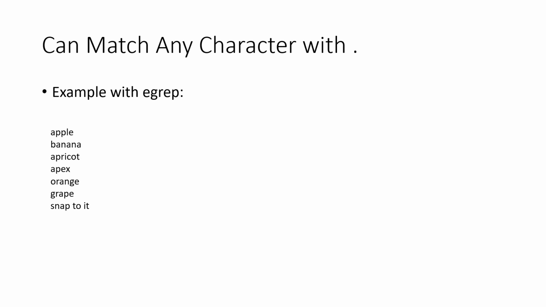The dot allows you to match any single character. Let's look at an example with egrep. Let's say I have this file, and on different lines I have apple, banana, apricot, apex, orange, grape, and the phrase snap to it. Now I'm going to do egrep ap followed by four dots, and sample.txt.